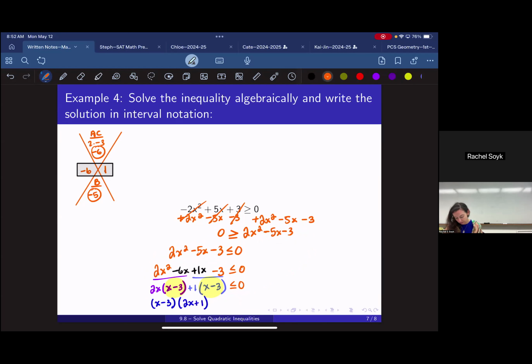It's less than or equal to 0. So what are our roots or our zeros or our critical numbers? They're all synonyms of one another.